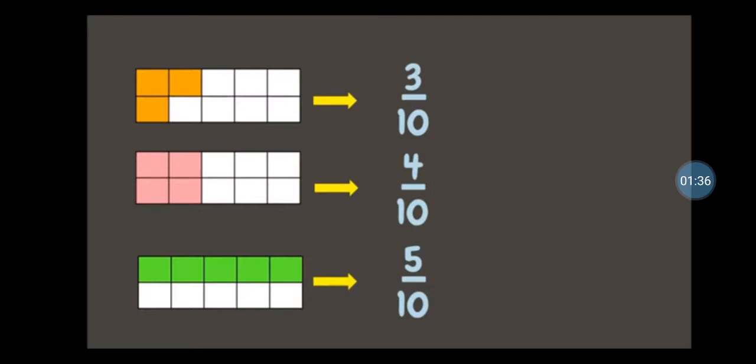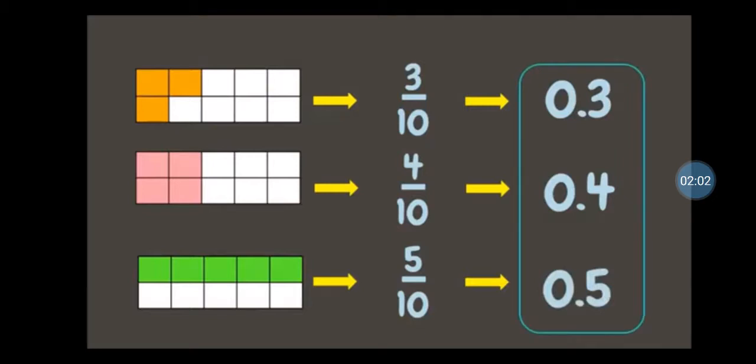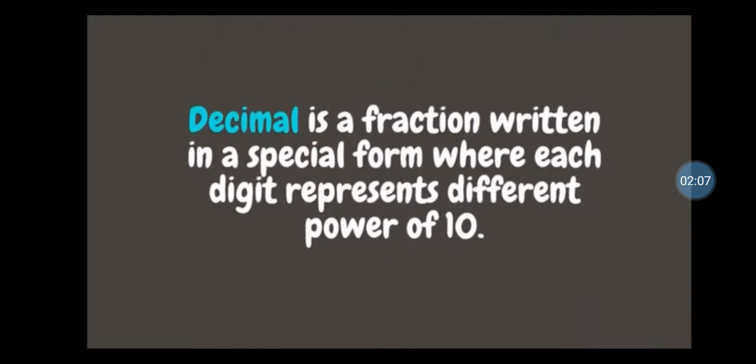As we know that fraction can be written in other form also, as 3/10 can be written as 0.3, because when we divide, we have to move the decimal point to the left side. 4/10 means 0.4, 5/10 means 0.5, and these numbers are called decimal numbers.